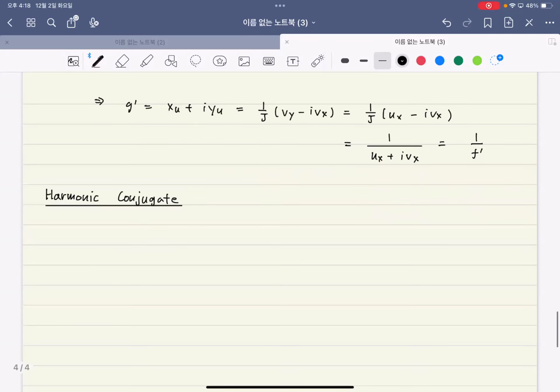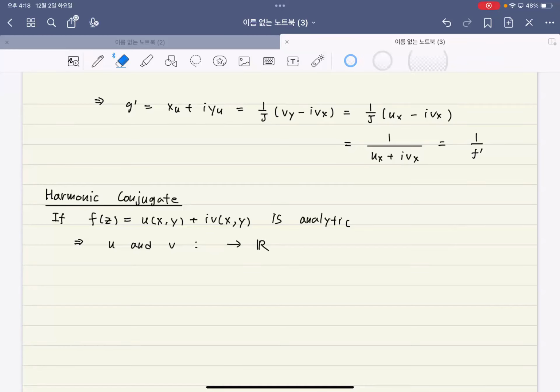First, I hope you remember that if f is analytic, then u and v, which are functions on R2, are harmonic functions.